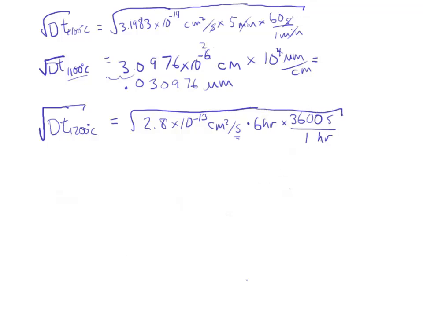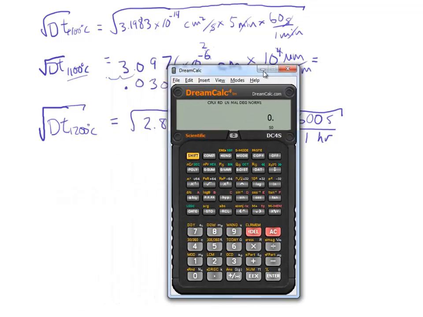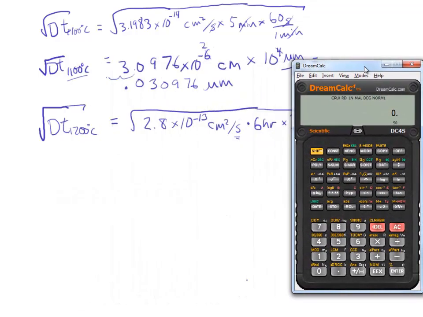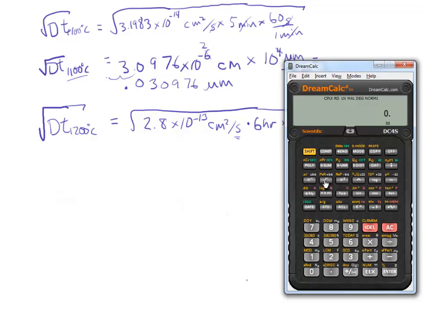Okay, and getting the calculator. I'm going to do square root, and then I put on some parentheses, and then 2.8 times 10 to the minus 13 times 6 times 3600.